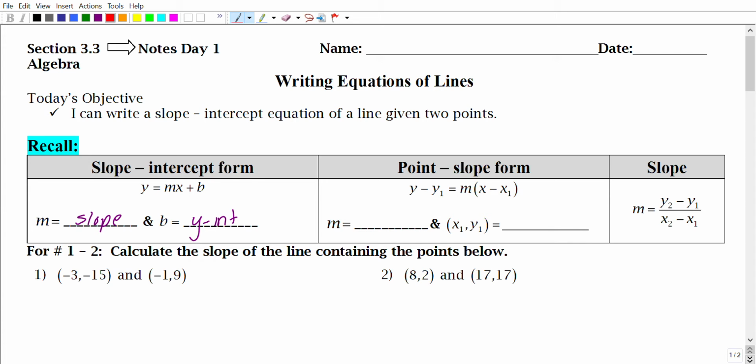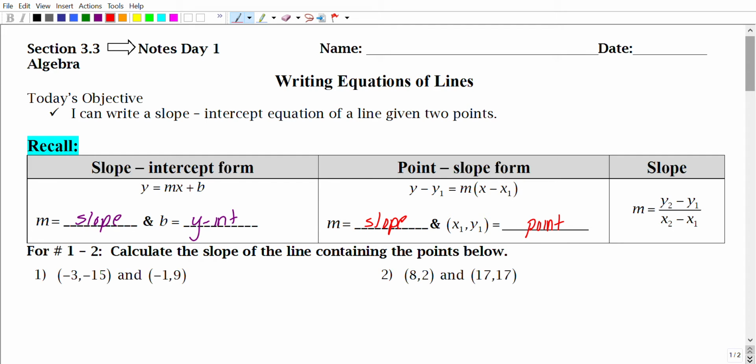Now point slope is when you're given, yet again, the slope, but now you're given a point rather than the y-intercept. So in this case, you are given the point x1, y1.